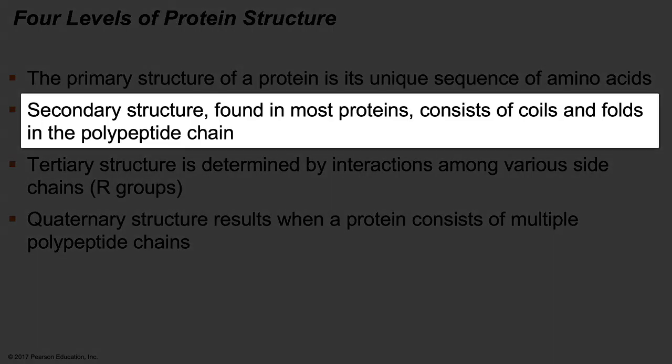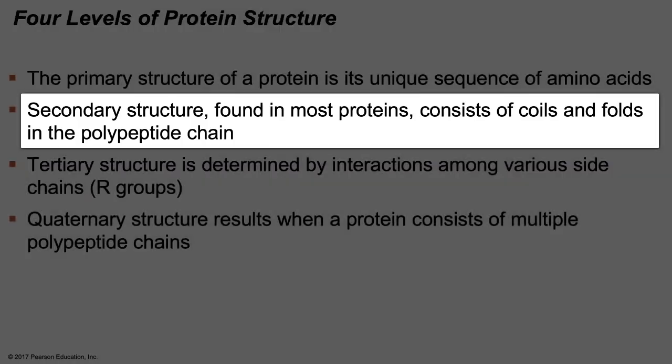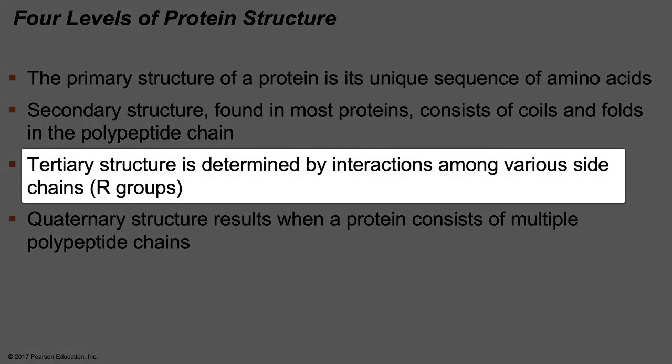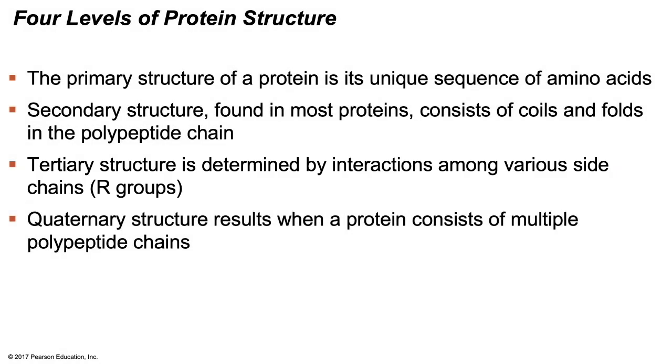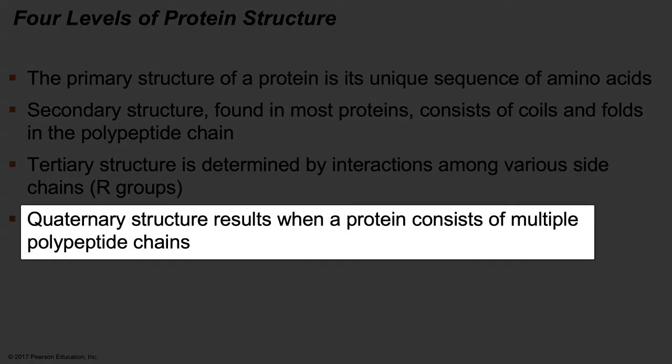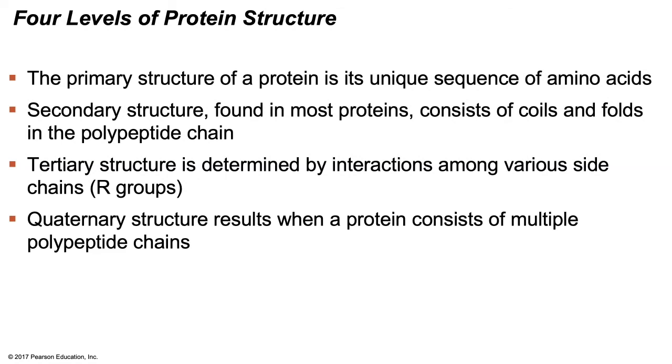The secondary structure consists of coils or folds in that polypeptide chain. And the tertiary structure is determined by interactions among various side chains or R groups. And the quaternary structure results when a protein consists of more than one polypeptide chain put together. So we're going to look at these step by step.